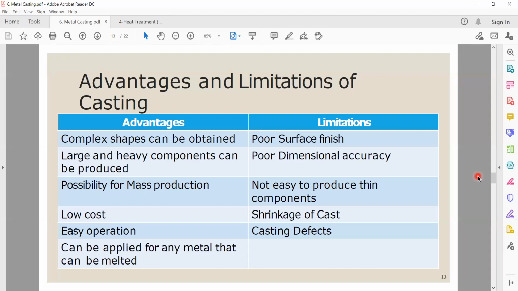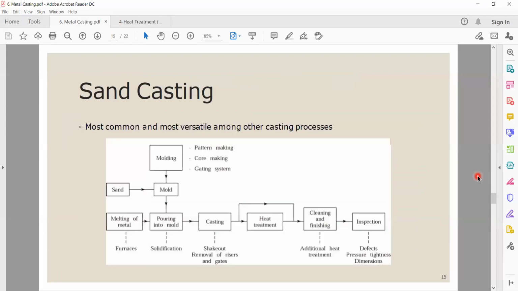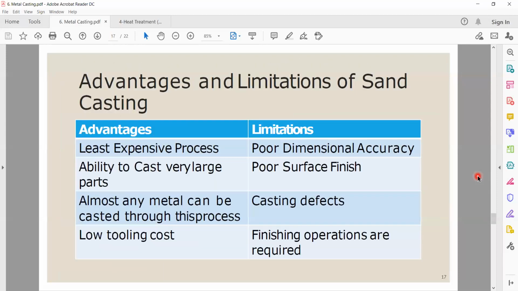Why do we need expendable molds? Because it always needs to break. No, sometimes it's for low cost purposes. If you are doing sand casting, your budget is less, but you need to produce a large quantity of your part, right?